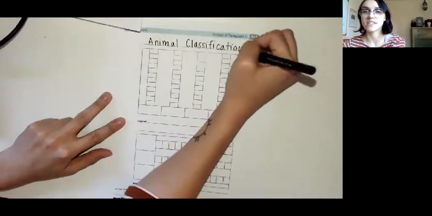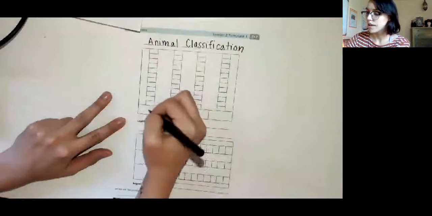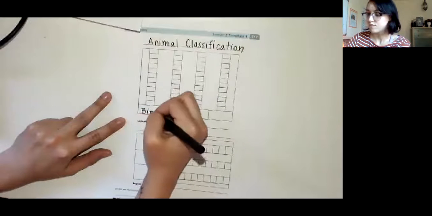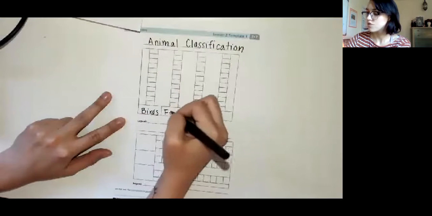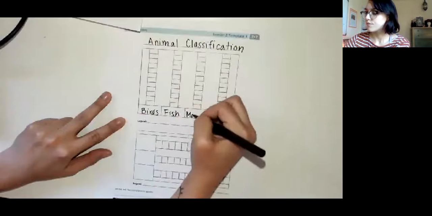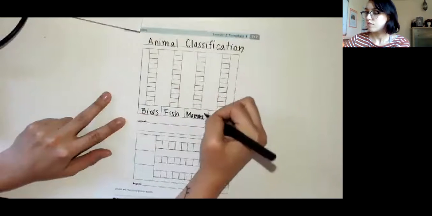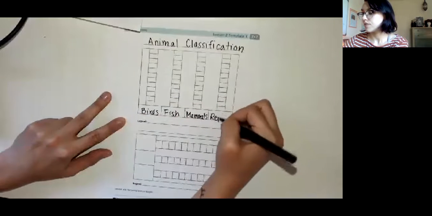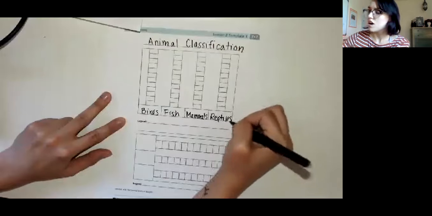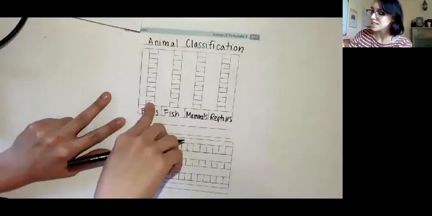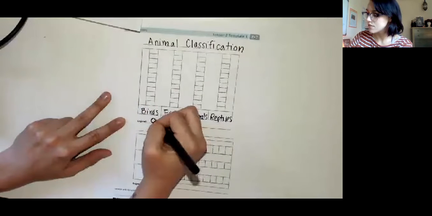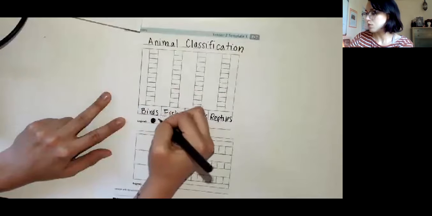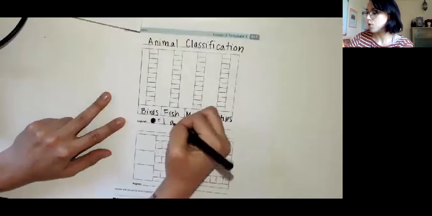What were our 4 sections that we had? We had birds, fish, mammals, and reptiles. And on our little picture graph, let's just do a dot to equal 1 animal.